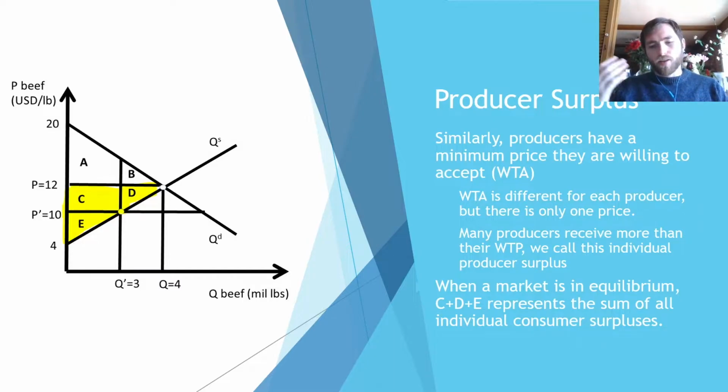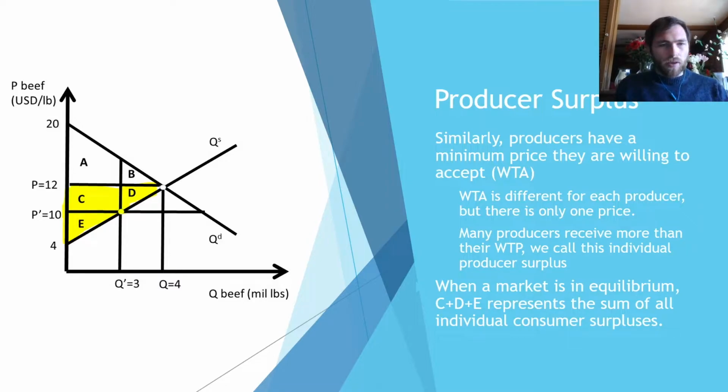If they were willing to sell it for $9, but were able to sell it for $10, then they get that extra dollar of value that wasn't baked into their calculations. And so, once again, we sum up all these individual producer surpluses, and that tells us what the producer surplus is in the market.